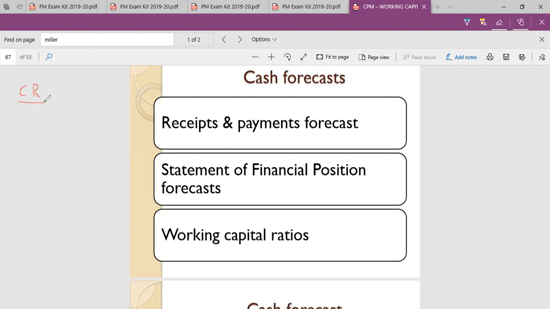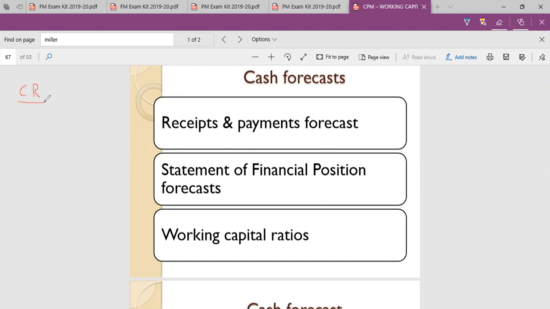Some other irregular sources also, maybe something is sold off and they receive cash. But the major source of cash which is received is on account of sales. So sales may be made in the current period, so for the current period sales, cash may be received. Maybe they made sales in the previous periods as credit sales, so those customers will pay during this month.